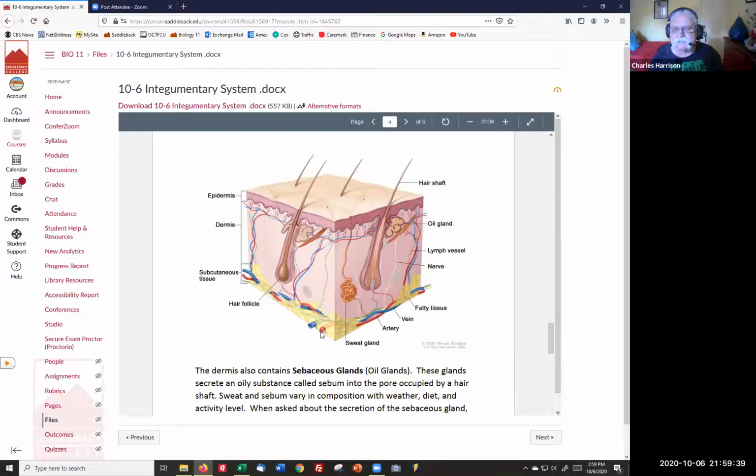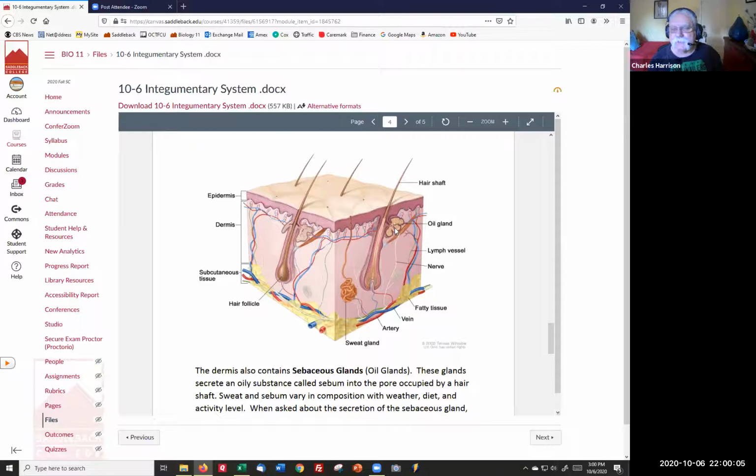The sebaceous gland is located here. Here's another. Here's a piece of another. They're usually right around a hair. If you've lost your hair, you haven't lost your oil glands. They'll be around the pore that the hair exited through, or the shaft exited through.